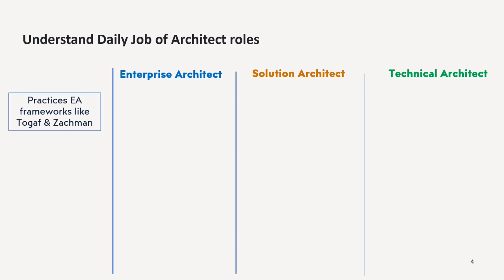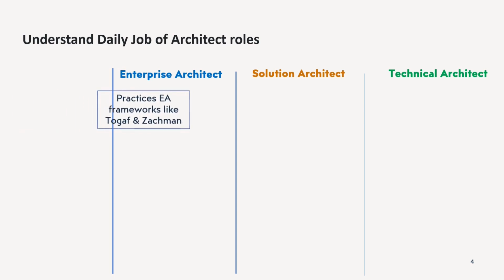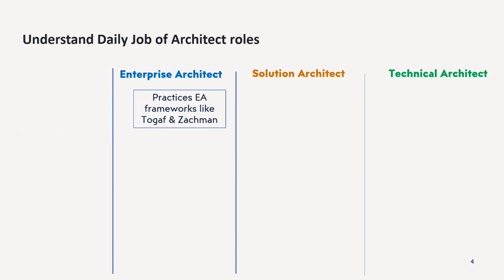Next is practices enterprise architecture frameworks like TOGAF and Zachman. This is done by the enterprise architect. For those who don't know about these frameworks, they are basically industry standards which are adopted by organizations to establish the architectural streams in their company.